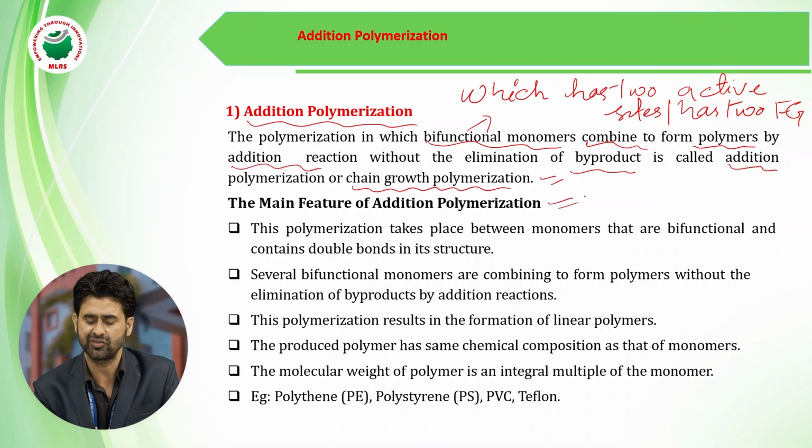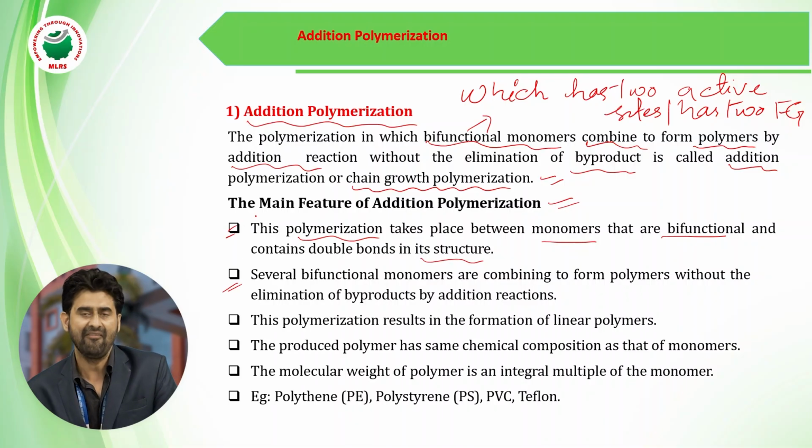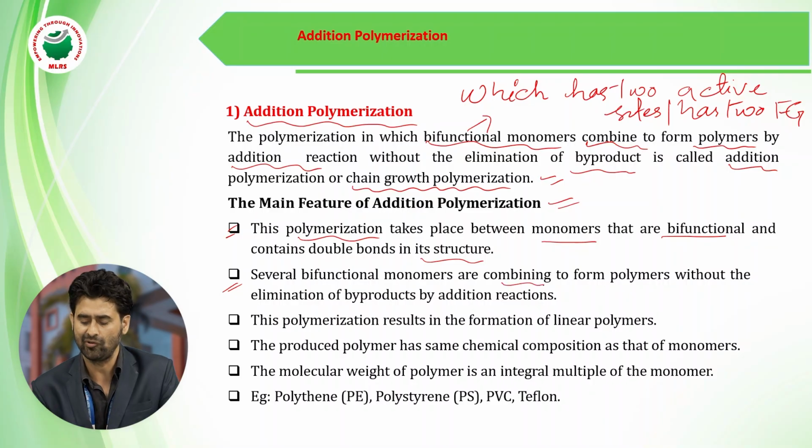The main feature of addition polymerization is that it takes place between monomers that are bifunctional, which have two active sites, or two functional groups, that combine without the elimination of byproducts. Several bifunctional monomers combine to form polymers without the elimination of byproducts.